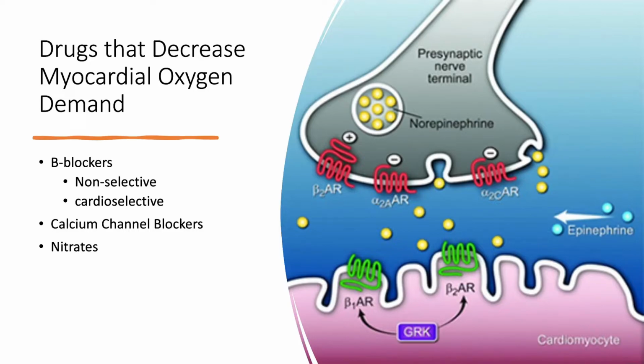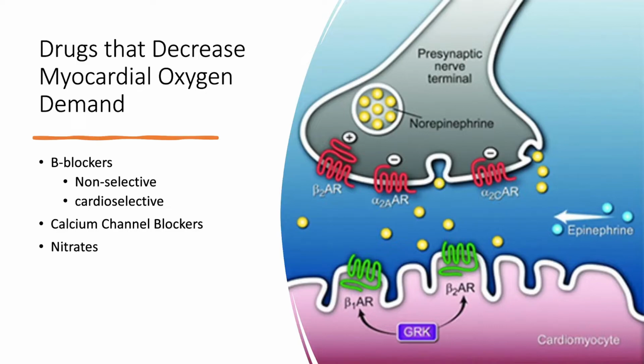Now, these can be further broken down into B1 selective or cardioselective or non-selective. So the unfortunate thing for the early pioneers of beta blockers was that you have a lot of beta 1 receptors in your heart, but your lung has beta 2 receptors.